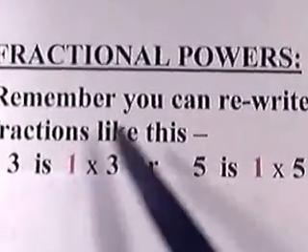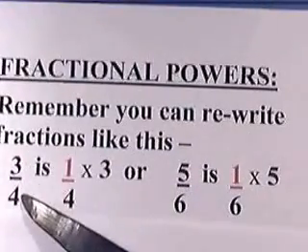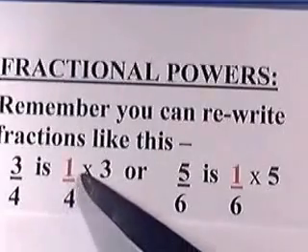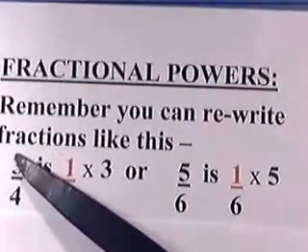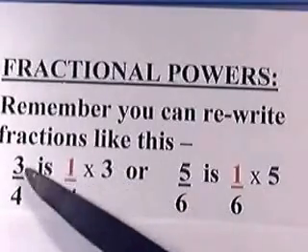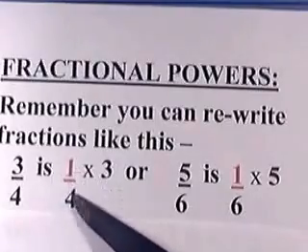Okay, remember you can rewrite fractions like this. Now 3/4 is the same as 1/4 times 3. It's almost as if I've moved that numerator to the side a bit and replaced it with a 1. 1 times 3 is 3, 3/4.